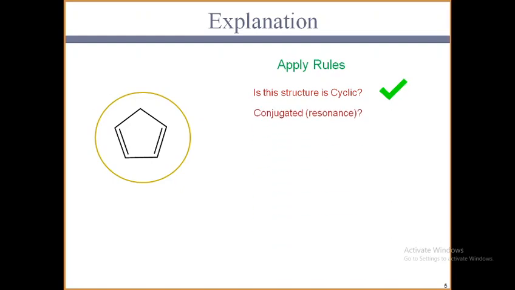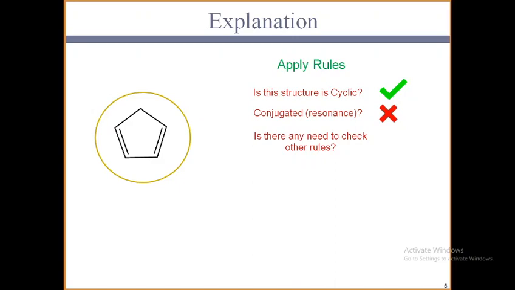Conjugated system is there. Here there is a double bond, but these double bonds are not in a conjugated form. So the resonance is not possible. So the answer is no. Then next, is there any need to check other rules?